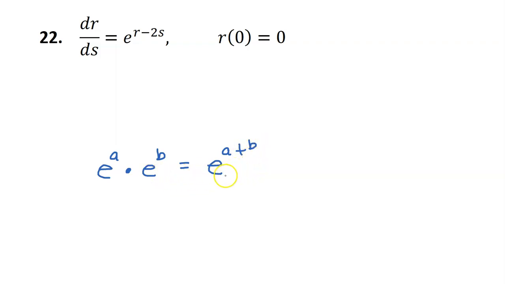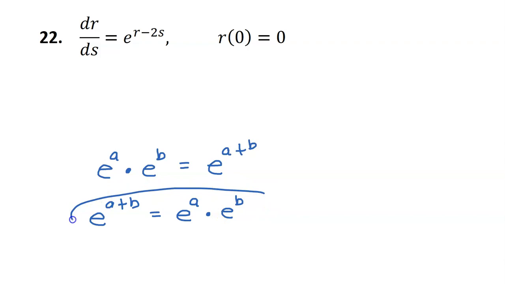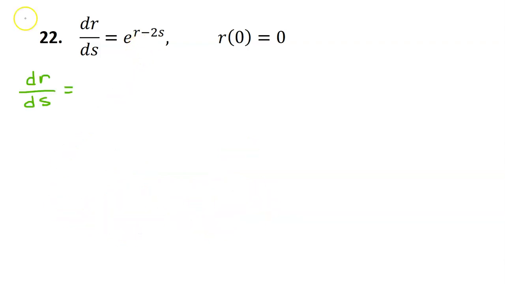This process is reversible. So if I had e to the a plus b power, I could rewrite this as a product by writing e to the a times e to the b. Well, this property is what I'm going to use right now.